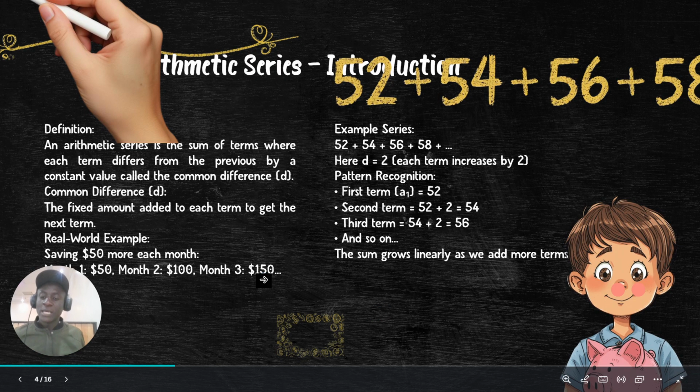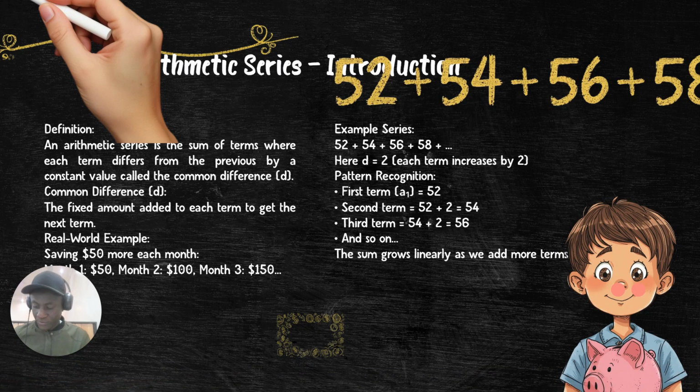It becomes 150. My first term was 50, and I keep adding 50 until the month I decide to stop saving. This 50 is called the common difference, and the 50 which I started with is called the first term, always denoted by the letter A.